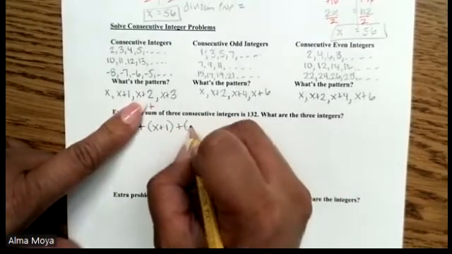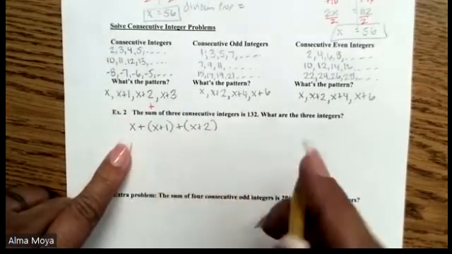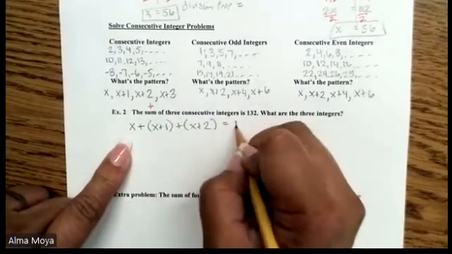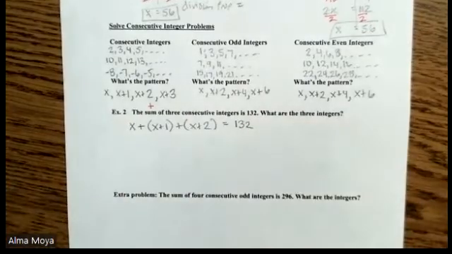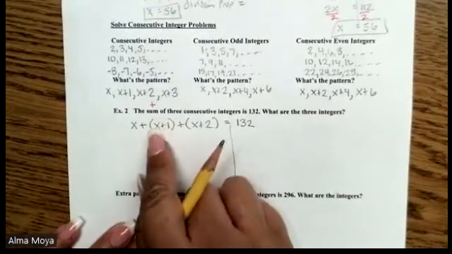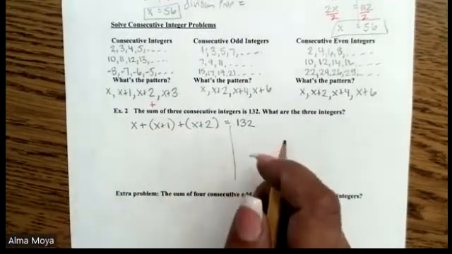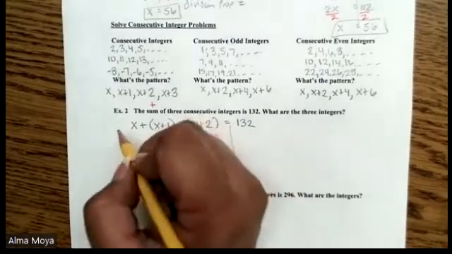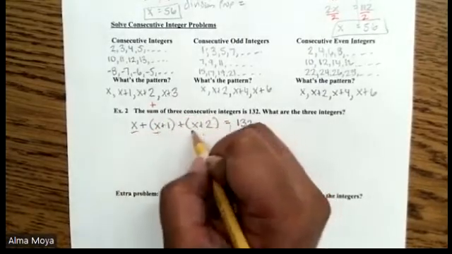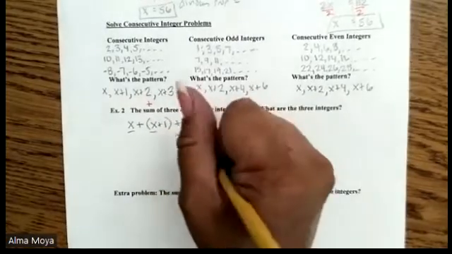And the next one will be an x plus 2. So 3 consecutive integers equal 132. So this is what we're solving. Now right here, the parentheses really don't play a role because we're just going to be adding anyways. I'm going to combine like terms. So x plus x plus x is 3x. 1 plus 2 is 3.